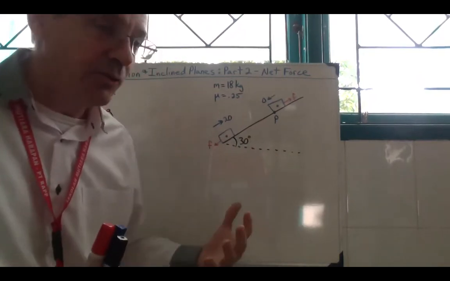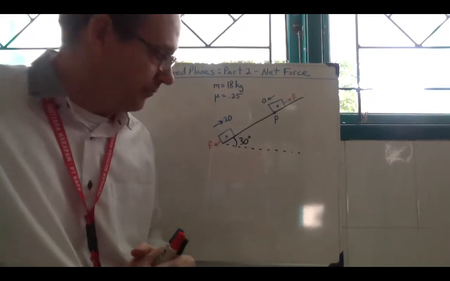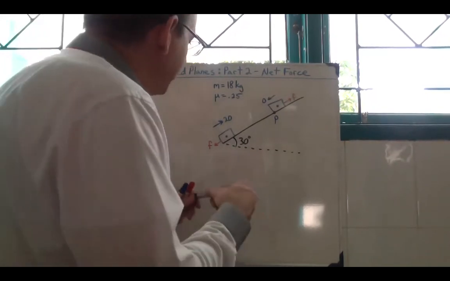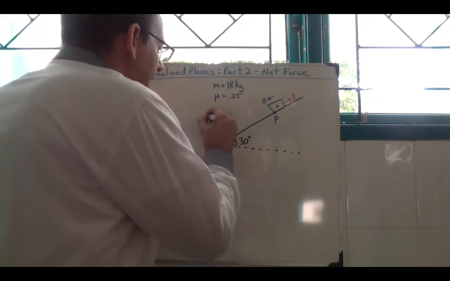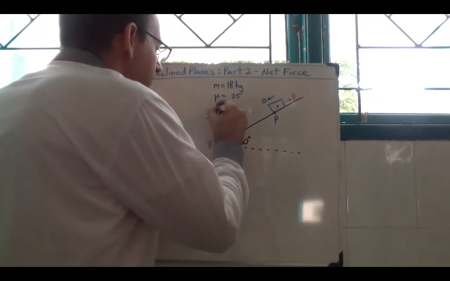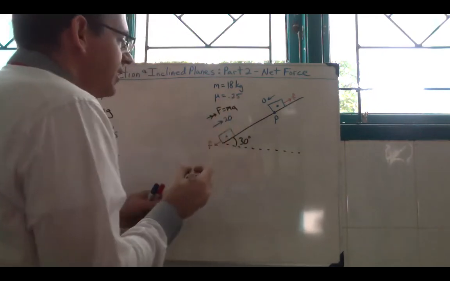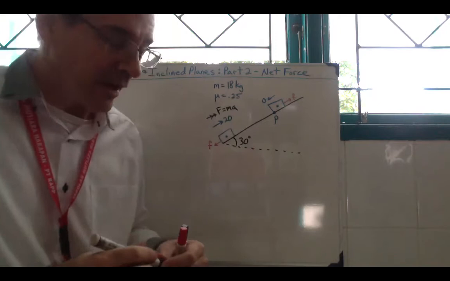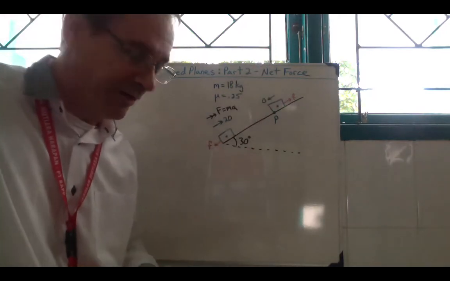So that means we have a net force acting here, okay? And it also means that we have a force equals mass times acceleration. This is our net force that we're going to work with.